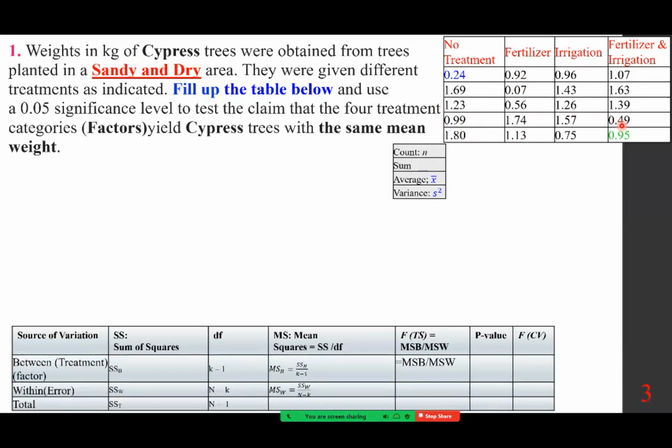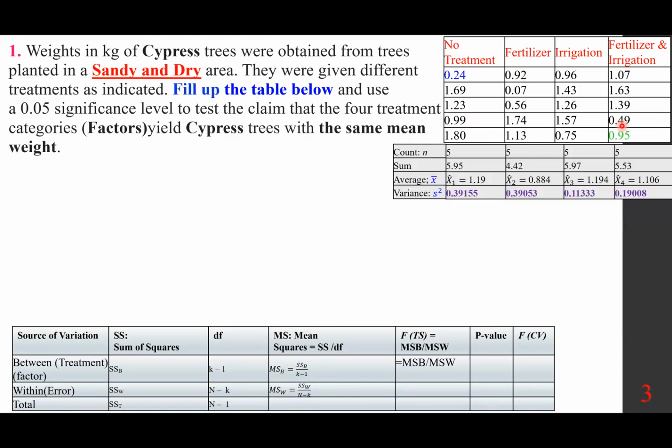And the variance is s squared, which is the summation of x minus x bar quantity squared over n minus 1. This is calculated using a calculator, of course, but we know all those formulas. So this would be the mean for this, this would be the variance for this group, this would be the mean for this group, and so on and so on.